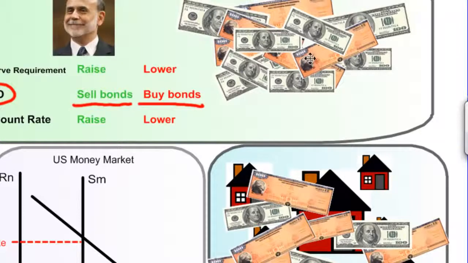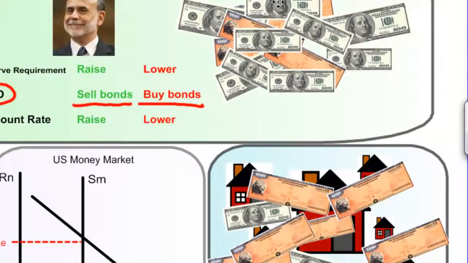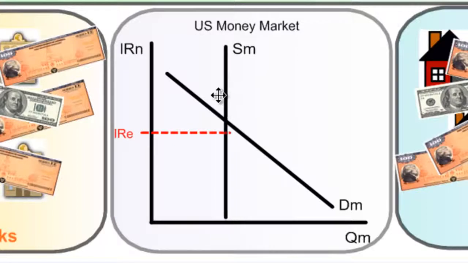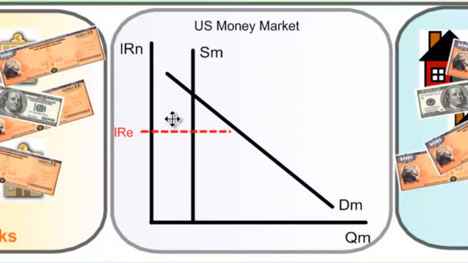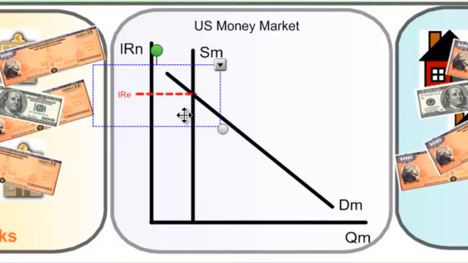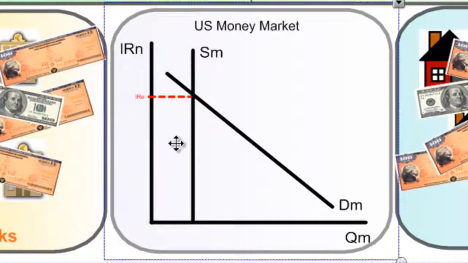There is now less money in circulation in the economy. Therefore, the level of consumption and investment falls. A sale of government bonds by the Fed decreases the money supply, as we see here, and causes the interest rate in the economy to rise, as we see here. This is called a contractionary monetary policy. It is very regularly used in order to bring down inflation in the economy.